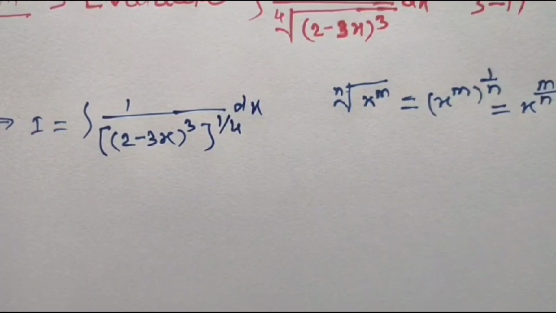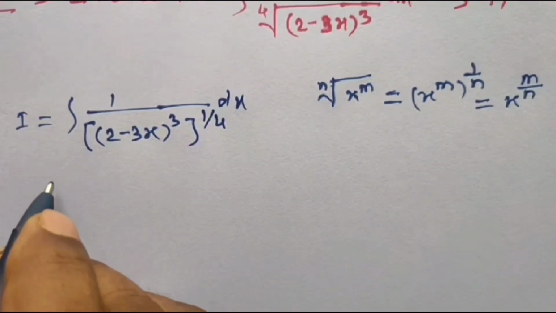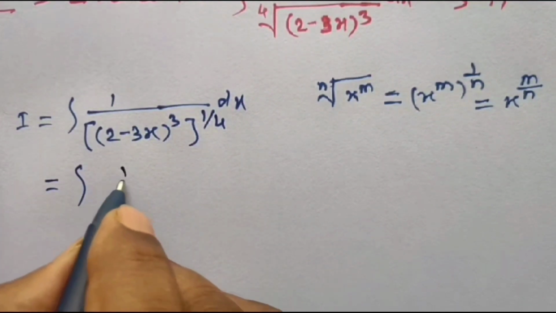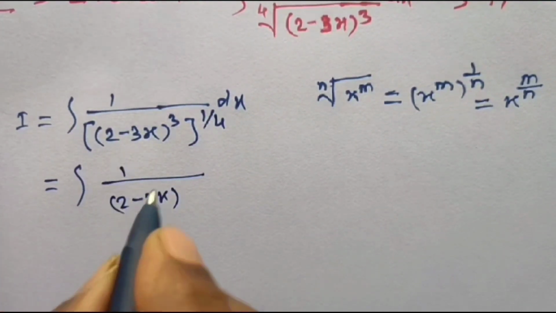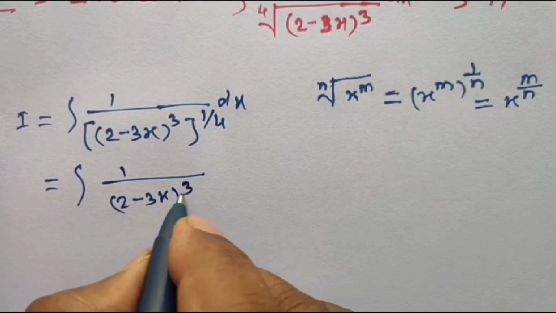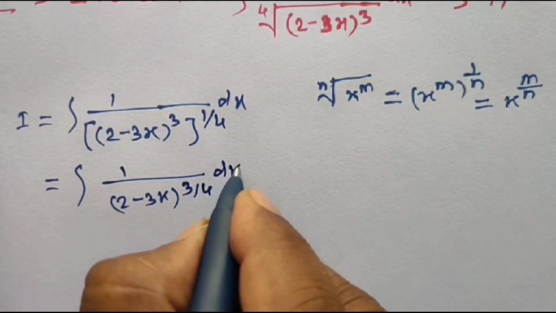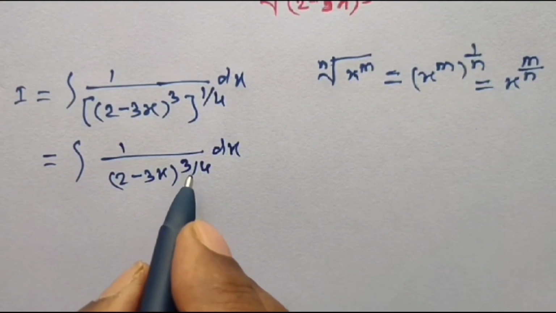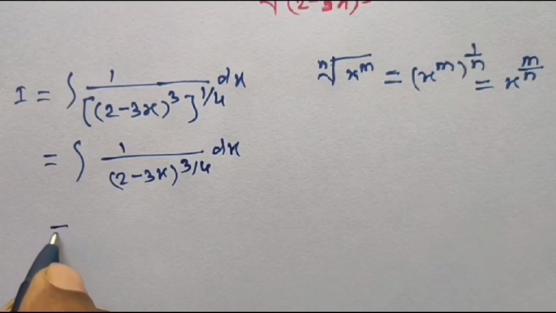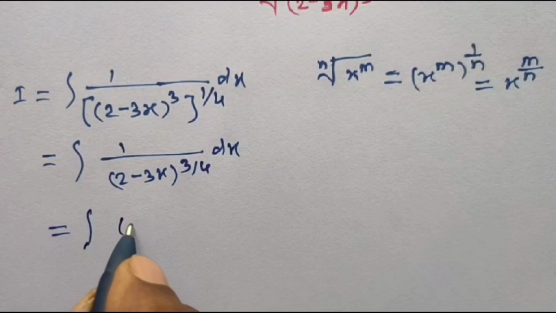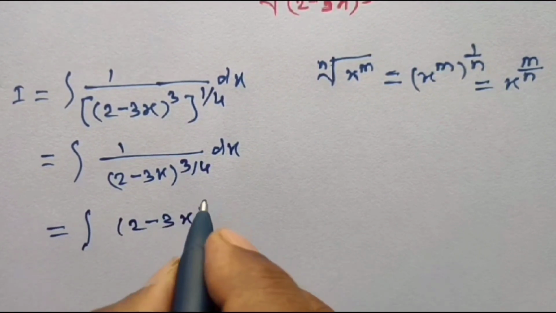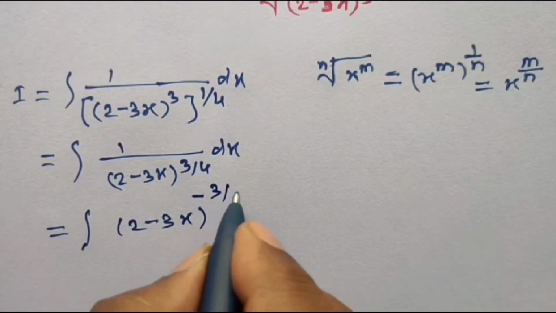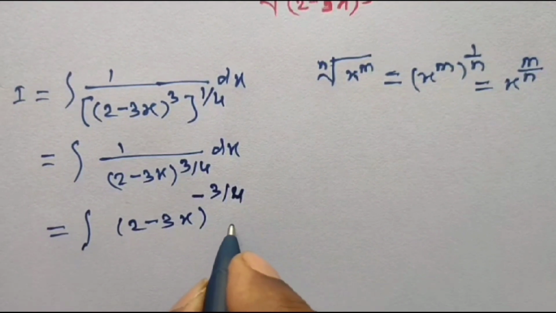Okay, so this can be written as I is equal to the integral of 1 upon (2 minus 3x) to the power 3 into 1 upon 4, that is 3 upon 4, with respect to x. Now take this in the numerator, changing the sign of the power. So I is equal to the integral of (2 minus 3x) to the power minus 3 upon 4, with respect to x.